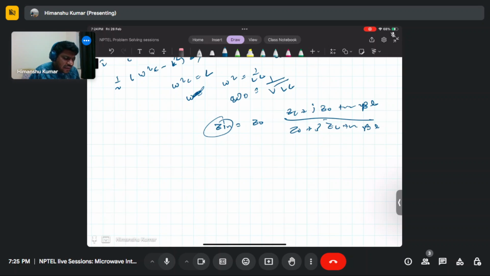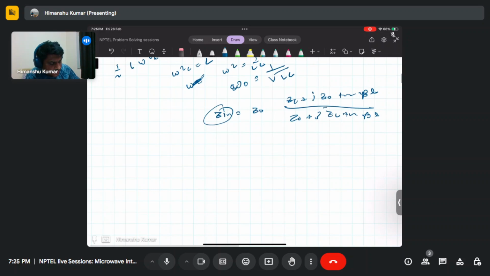If you take, let's say, an open or short circuit line, then you can write the impedance as either Zin equals j times Z naught tan beta L, or Zin equals 1 by j times Z naught tan beta L. So this you can write for a shorted line.